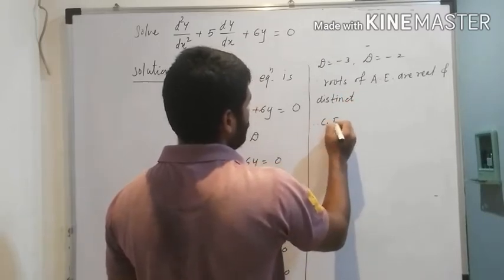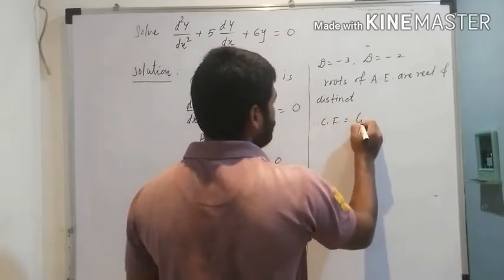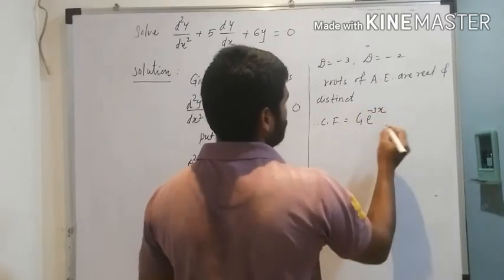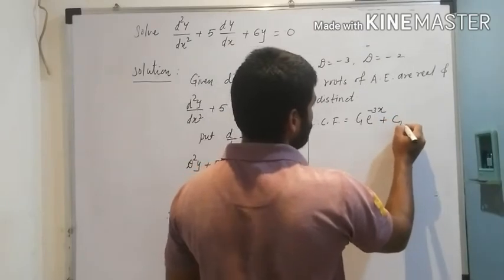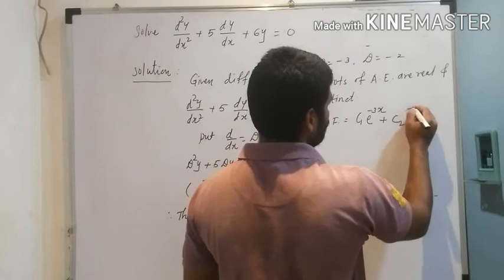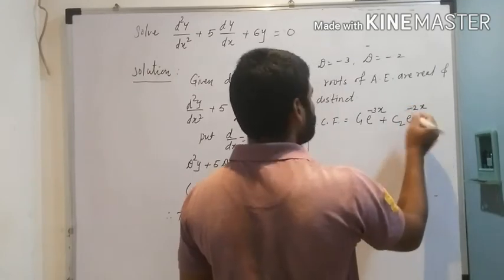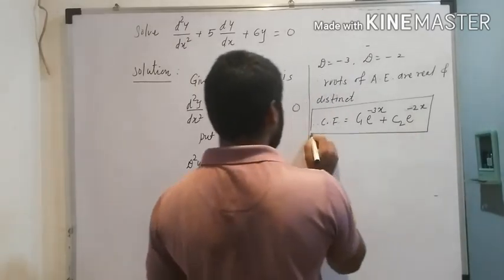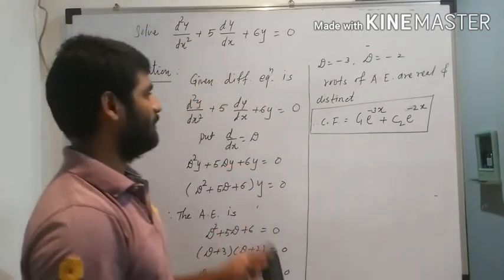Therefore CF is equal to C1 into e raised to the first root, that is minus 3 into x, plus C2 into e raised to the second root, that is minus 2 into x. Okay, done. So this is your complementary function for the given differential equation.